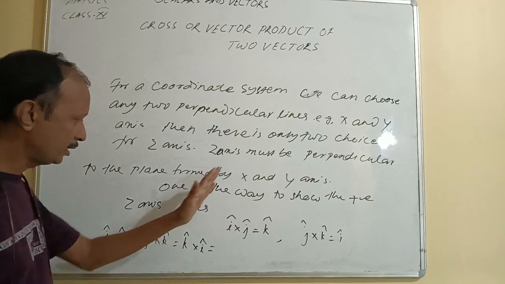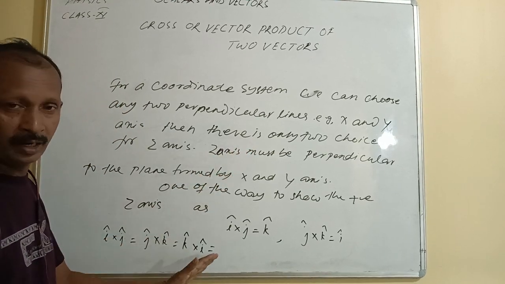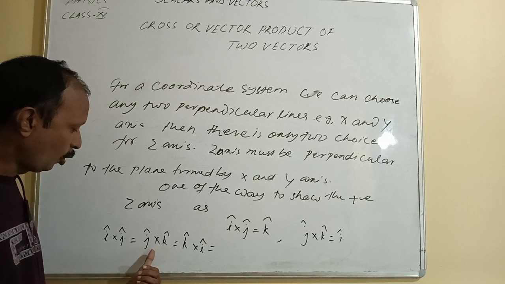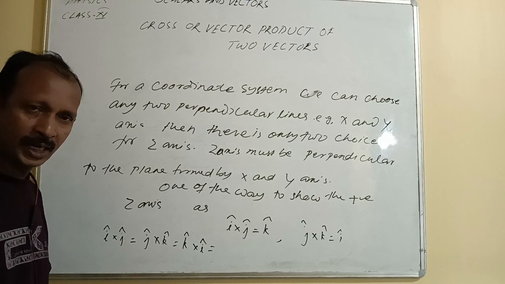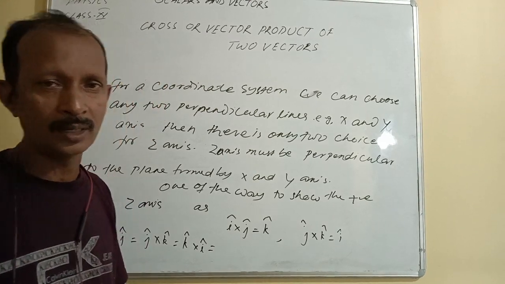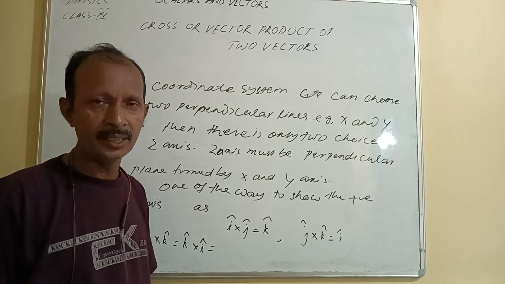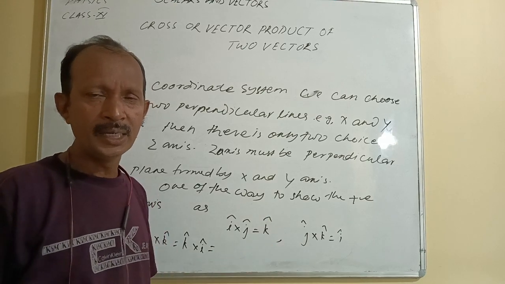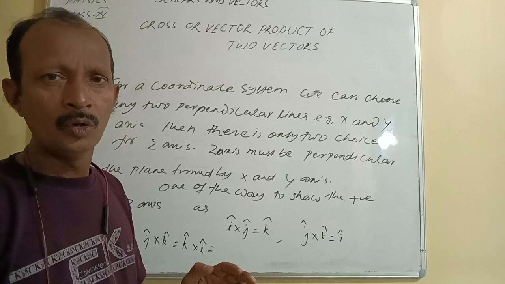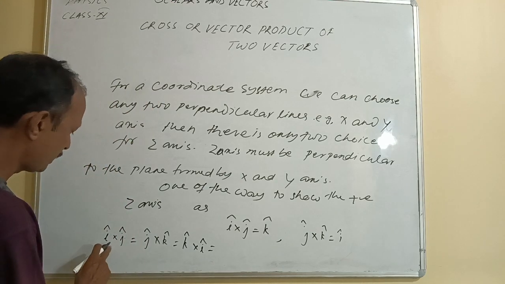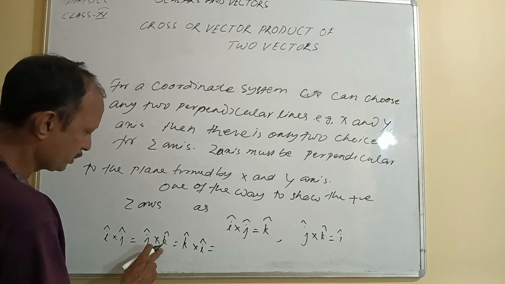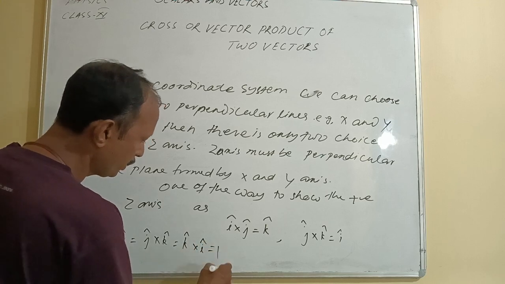Here you know that the product is just like AB sin theta. I, J, K each are perpendicular to each other. That means they are making 90 degrees. You know that sin 90 degree is equal to 1. So I can say that I cross J, J cross K, K cross I is equal to 1.